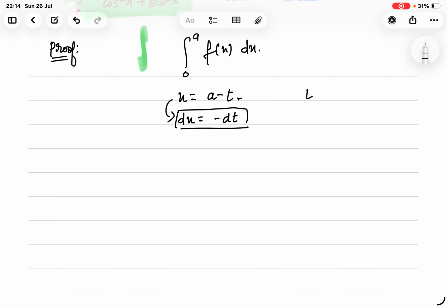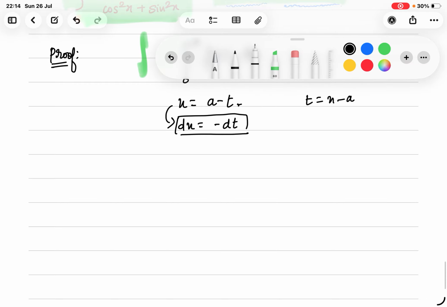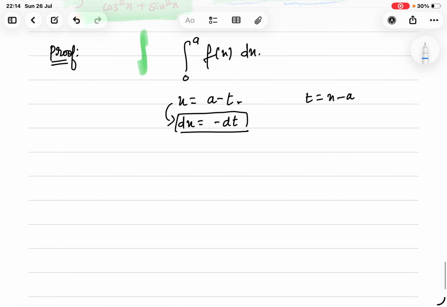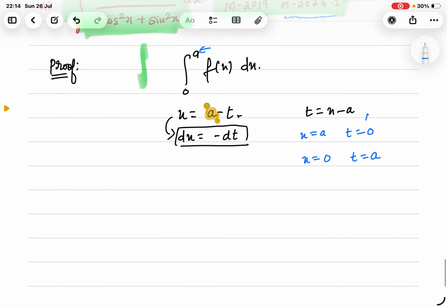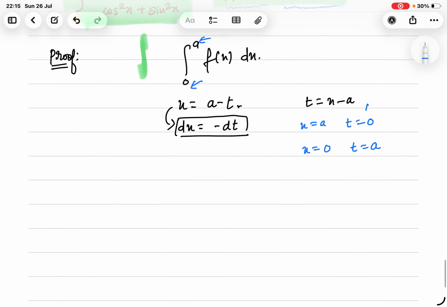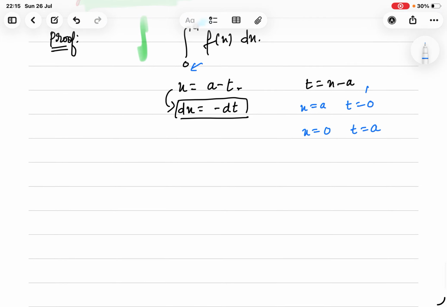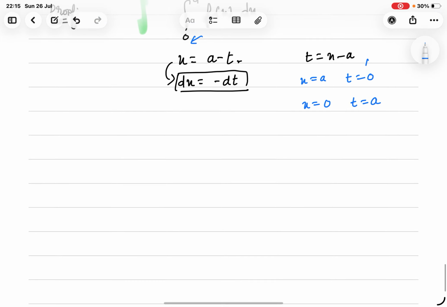And the limits change: when x equals a, t equals 0, and when x equals 0, t equals a. So the upper limit becomes 0, the lower limit becomes a, and f of x becomes f of a minus t.